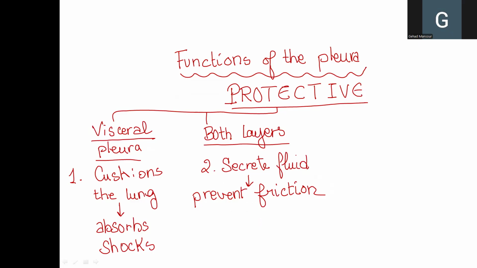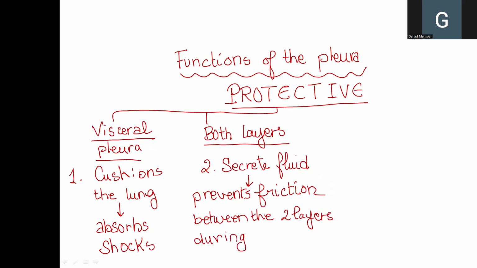So if there is no fluid in between, there could be friction, and the friction causes inflammation. So the normal pleural fluid secretion will prevent friction between the parietal layer and the visceral layer during lung movements.